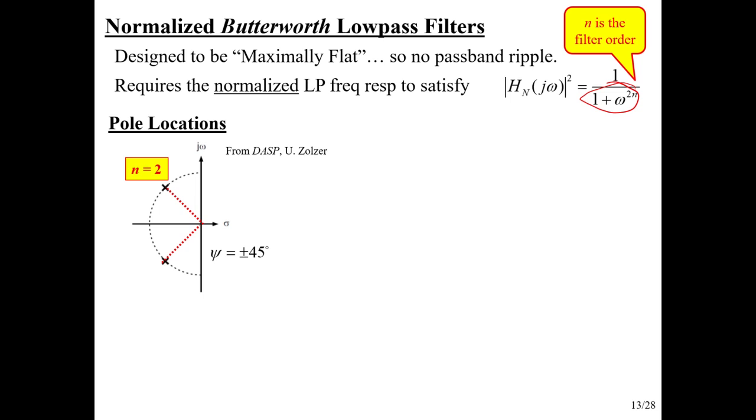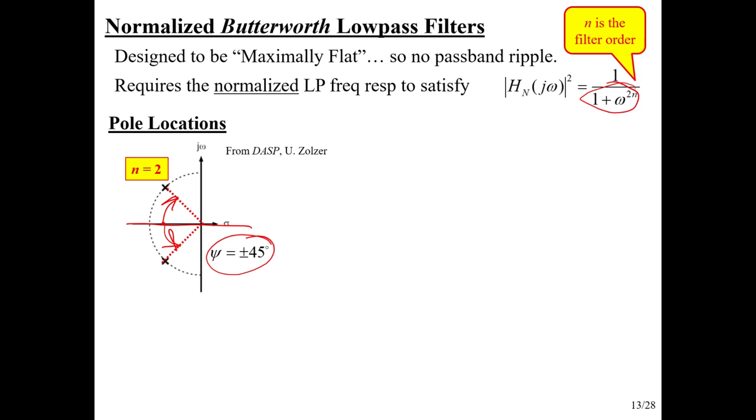And if you work that out, you'll find that you get two poles right in these positions. I think this angle psi will be clear as I show the rest of the things here. That's the 45, so plus and minus 45 degrees from this sigma axis. So that would be the Butterworth filter, second order.